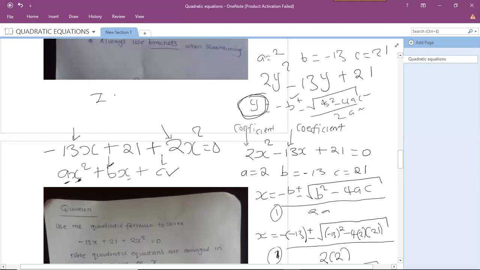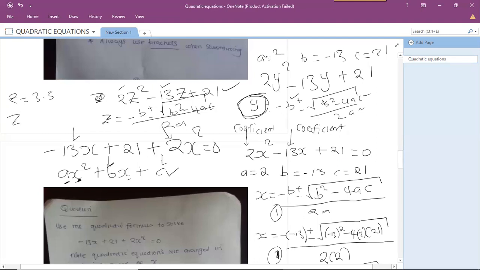They might say 2z squared minus 13z plus 21, meaning you're now going to say z is equal to minus b plus or minus root of b squared minus 4ac, the whole thing over 2a. A is still 2, b is still negative 13, and the constant term is still 21. The only thing that changes is the variable you find: z is equal to 3.5 or z is equal to 3.